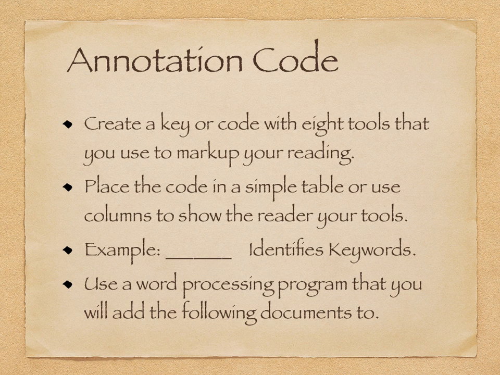The annotation code is your method for marking up what you read, and you simply have to create a code that shows me what you're going to do to mark up your reading. You just have to put this in a simple table for me. You can use columns. I don't really care about the format of it as long as it looks kind of nice.